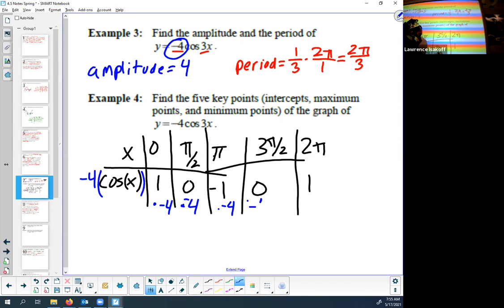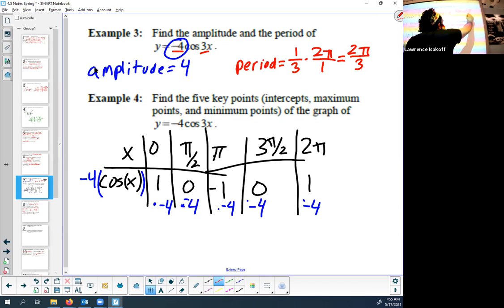But I also have the manipulation inside with the bx. So I notice here, since my b value inside the function is 3, it changed the period to 2 pi over 3. I like writing it as 1 over b because it made it very obvious.